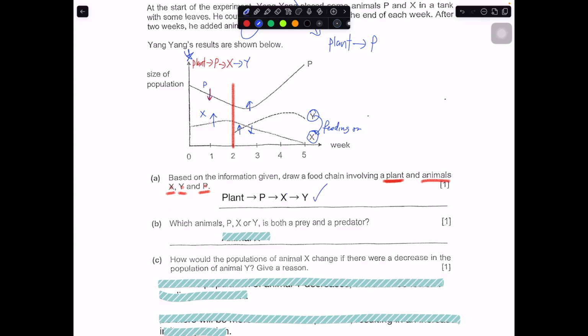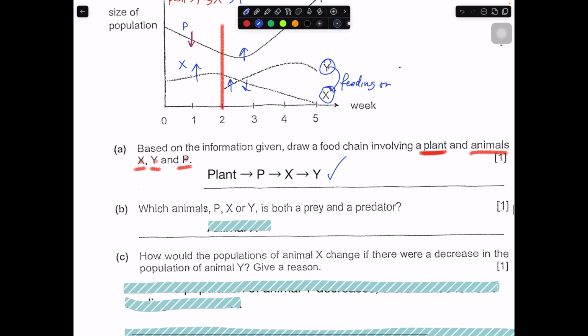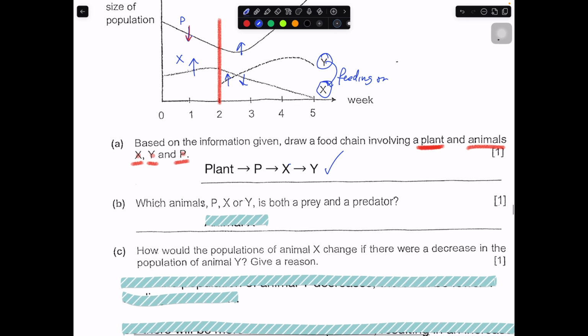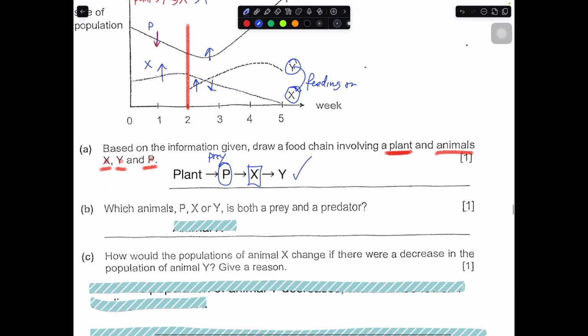Okay, represent your ideas in terms of arrows. P, X, Y, which one is the prey and predator? Okay, so this part you always try to look at the one in the middle. Usually it's a secondary consumer. So this one must always be a prey, because it always gets preyed on by the animal up in the food chain.